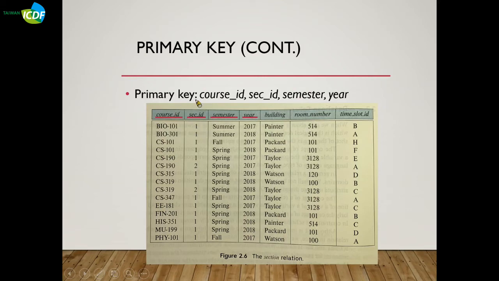So here, the primary key consists of course ID, section ID, semester, and year. Because the primary key contains more than one column, we call this kind of primary key a composite primary key. With the combination of the values, we can easily find the specific tuples here.